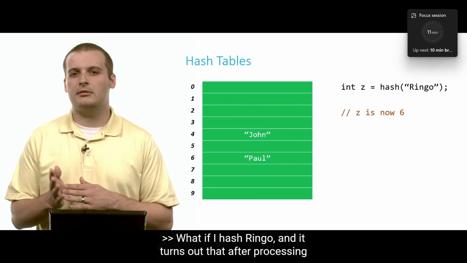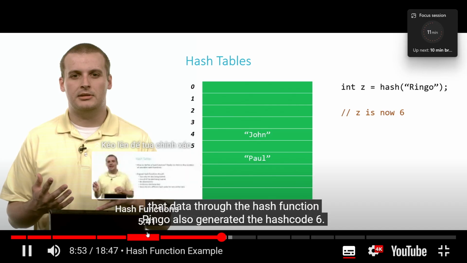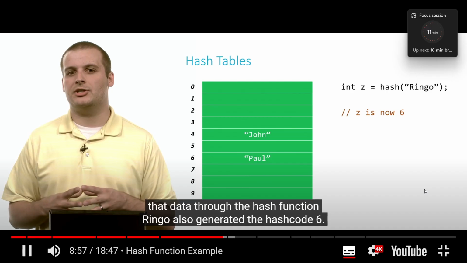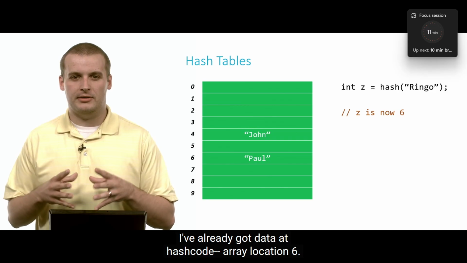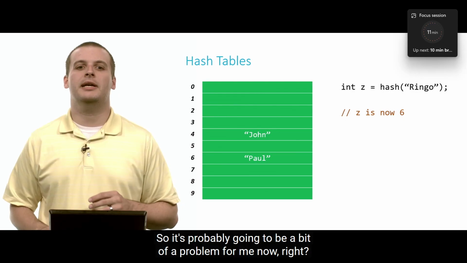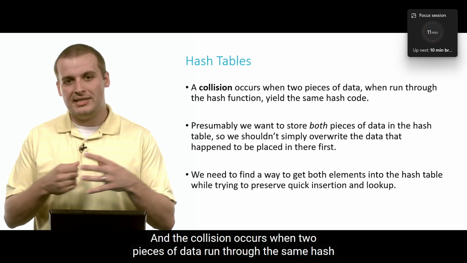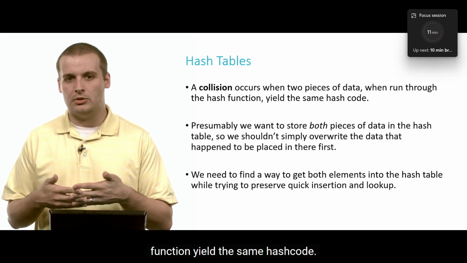What if I hash Ringo, and it turns out that after processing that data through the hash function, Ringo also generated the hash code 6? I've already got data at array location 6, so it's probably going to be a bit of a problem for me now, right? We call this a collision, and a collision occurs when two pieces of data run through the same hash function yield the same hash code.